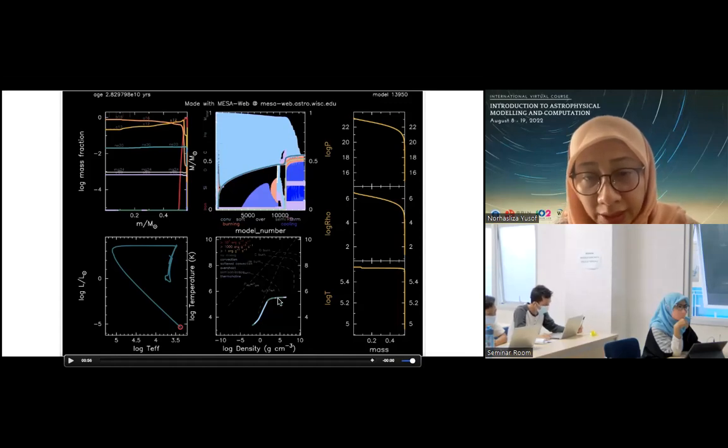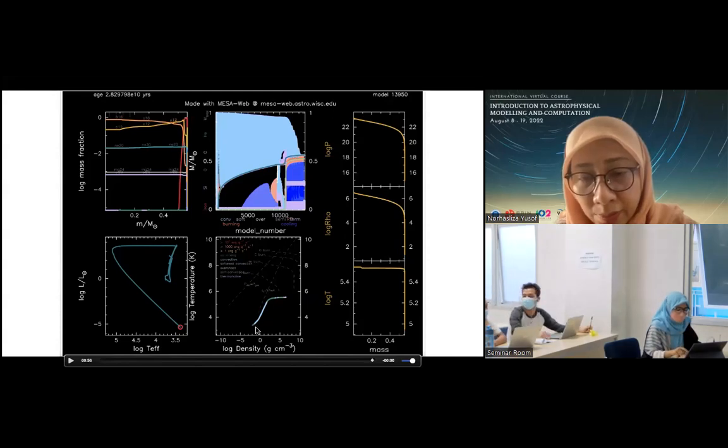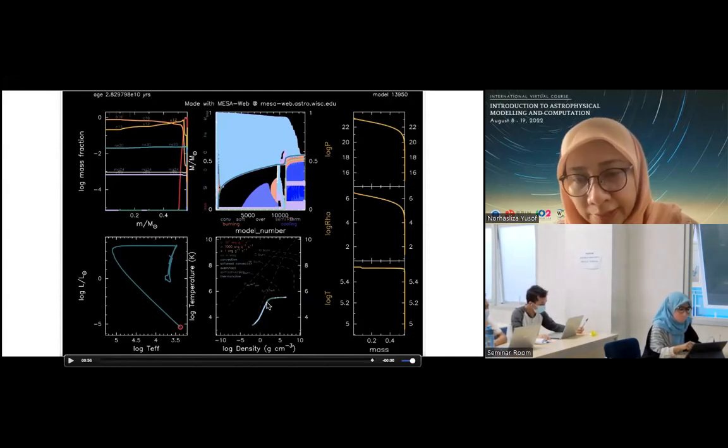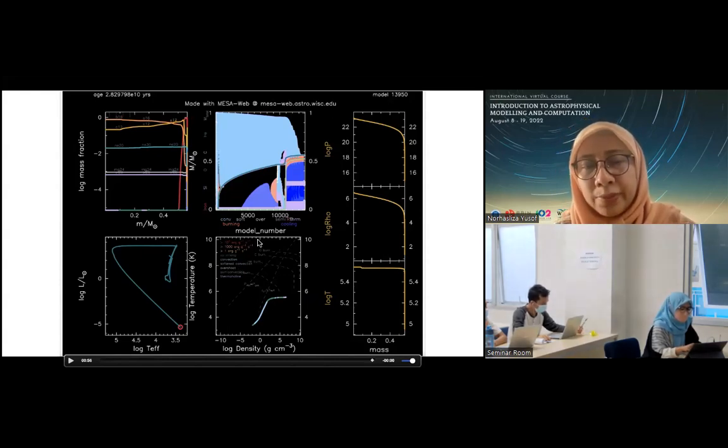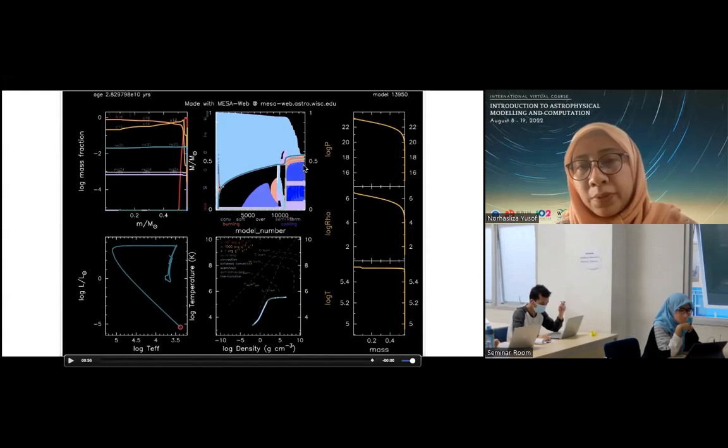And then the convection is here, around, the density is around 0. I don't know what the value is here, cannot see it clearly. You can see in the density and model number that there is a convective zone at this particular point.